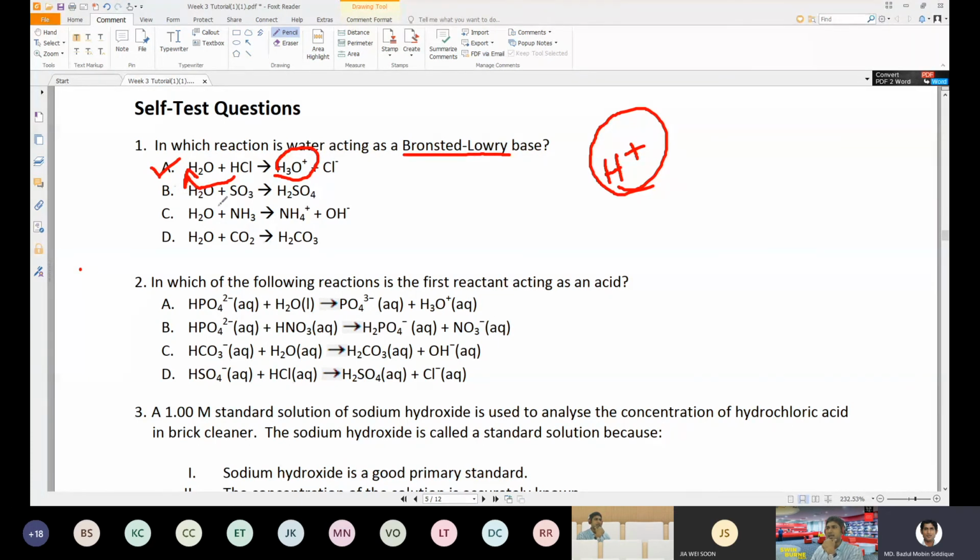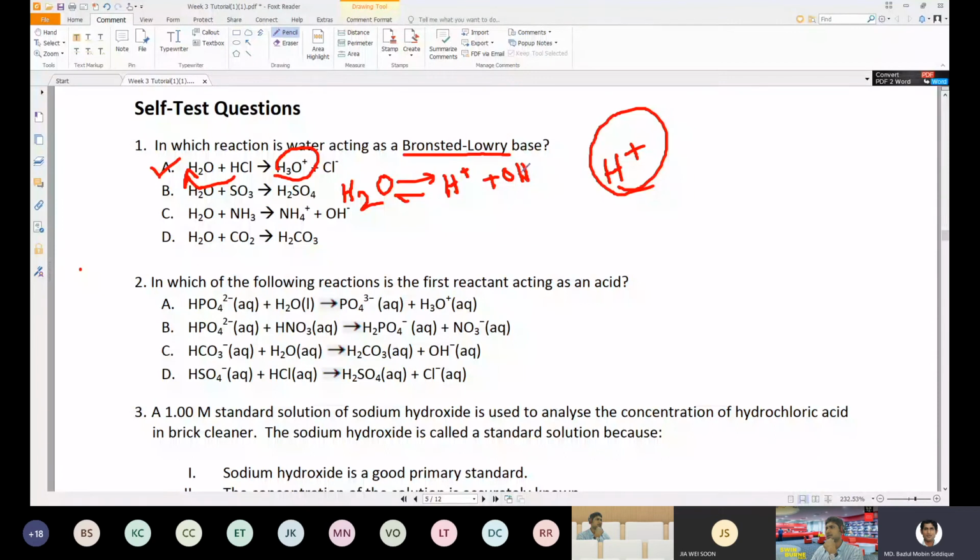And in B, what is happening? Water and sulfur trioxide gas, most probably it is a gas, let's say. So this H2O is giving up one hydrogen and hydroxyl, right?